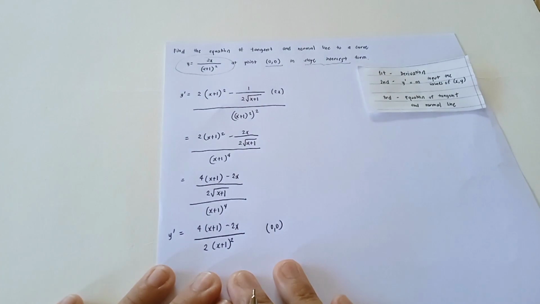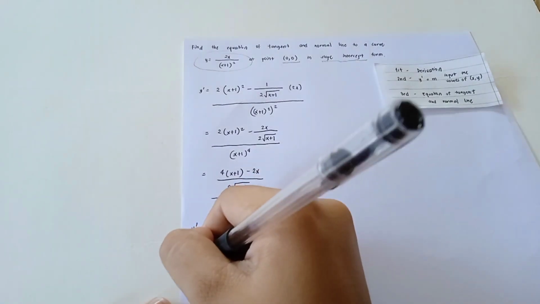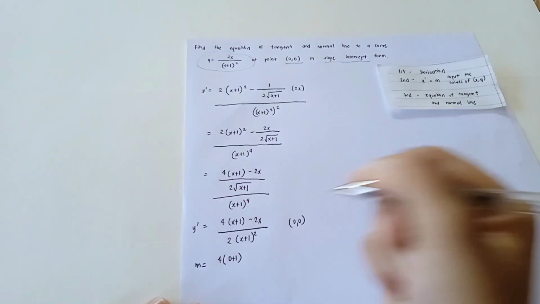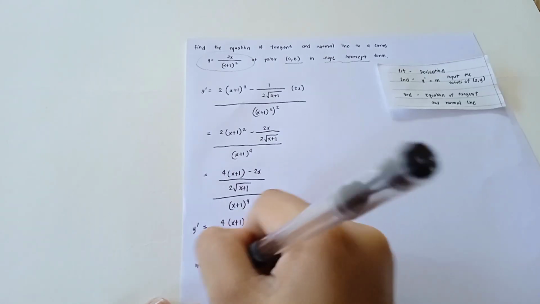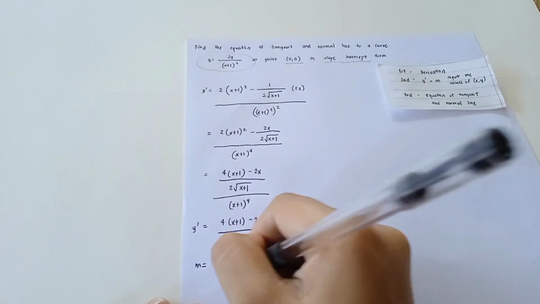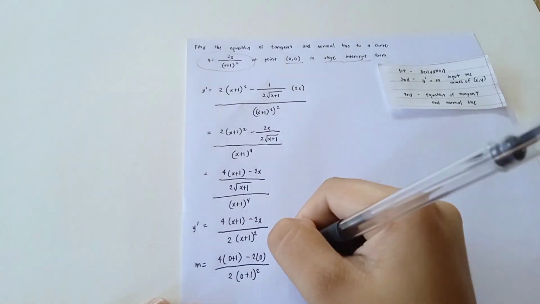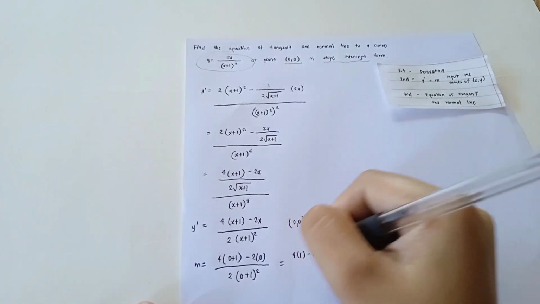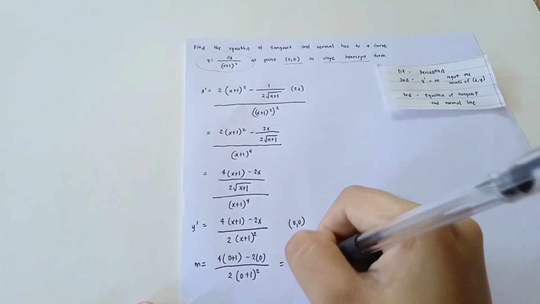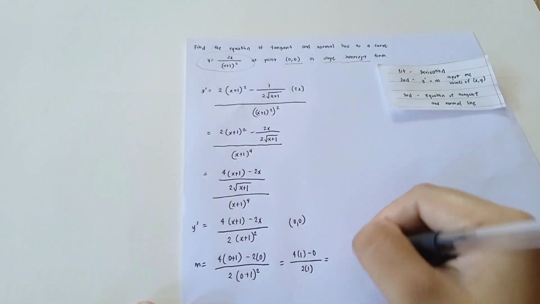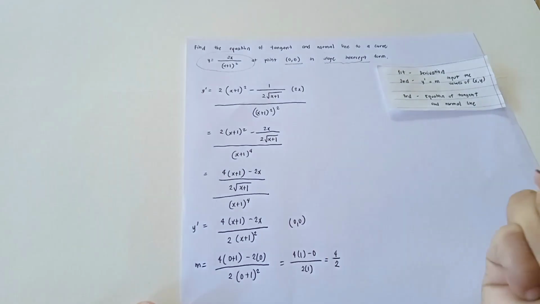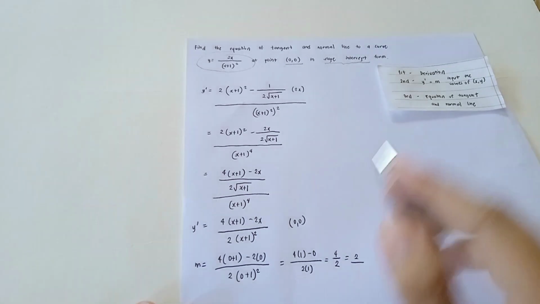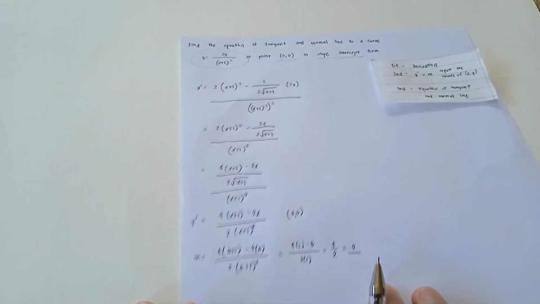So now let's substitute our x and y to get our slope. So now our slope here is 4 divided by 2, and it's equal to 2. That would be our slope. The slope is equal to 2.